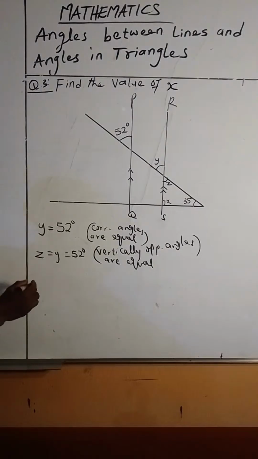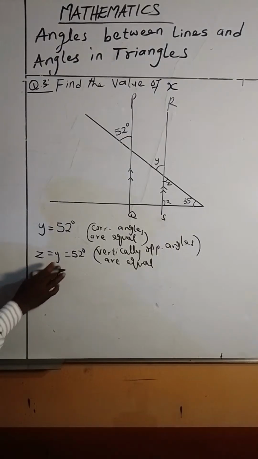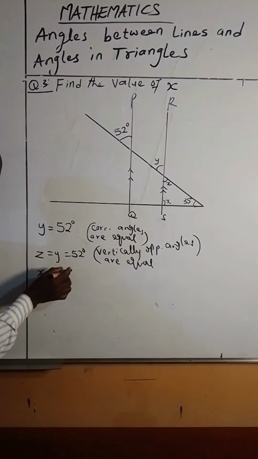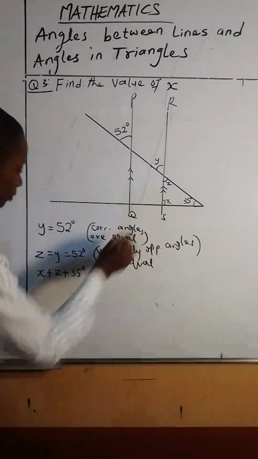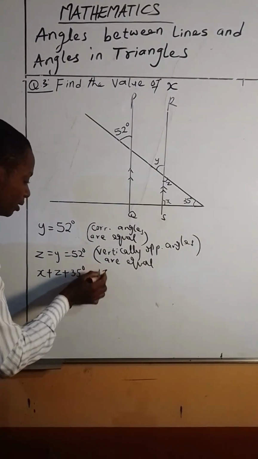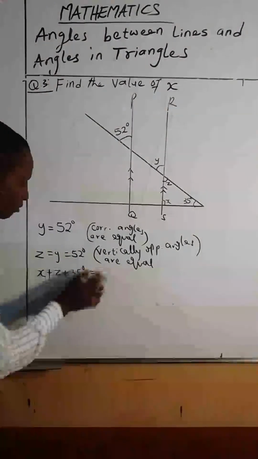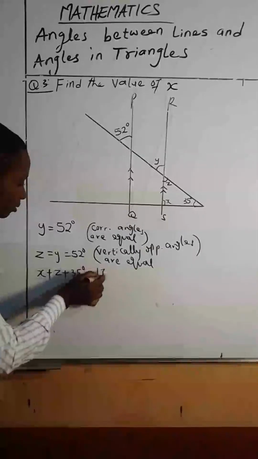X plus Z plus 35 is equal to 180. I'm sure we know why. If you know why, put it in the comment section.